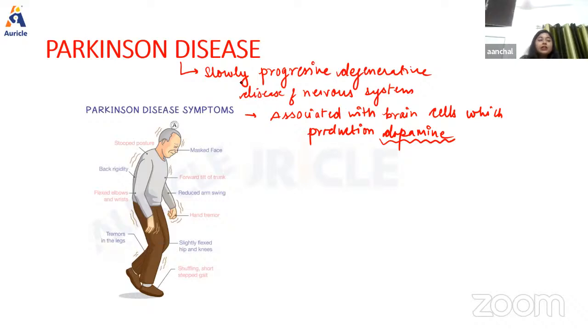Whenever any kind of damage occurs in the basal ganglia, it can lead to this condition known as Parkinson's disease. It also occurs mostly due to destruction in the substantia nigra. Whenever destruction occurs in this part, it can lead to Parkinson's disease.